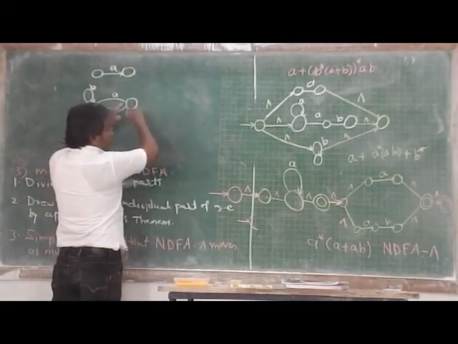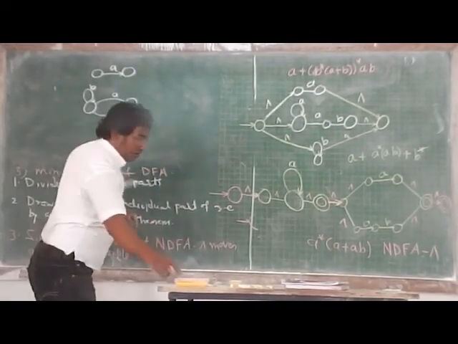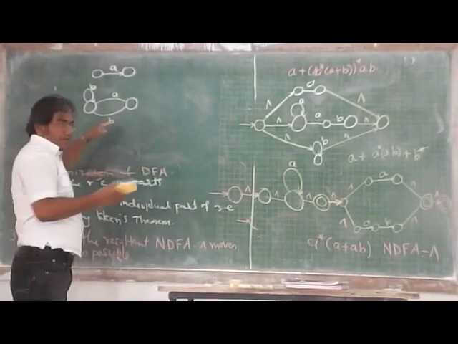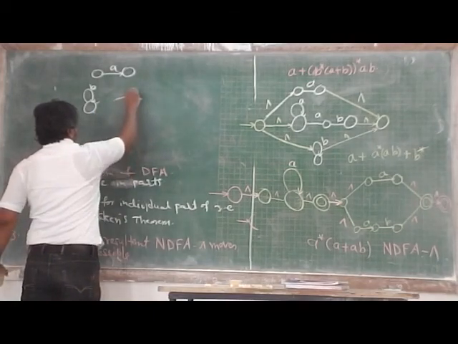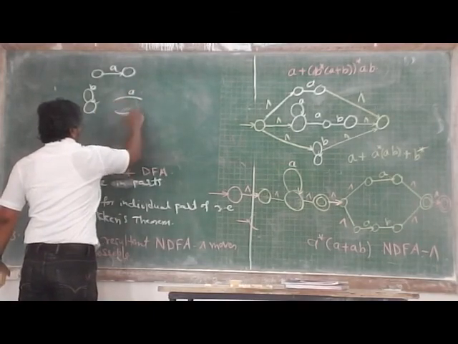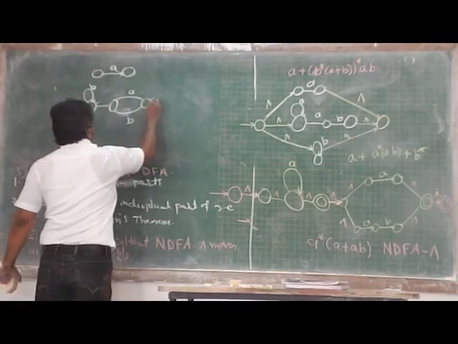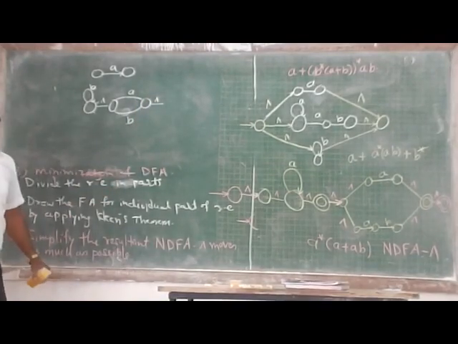So this whole is star. I directly have put A and B. What you can have? You can have this way. This way also you can have. Both are there.